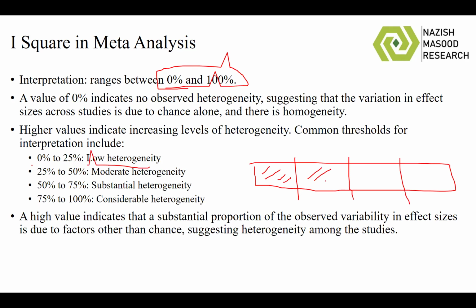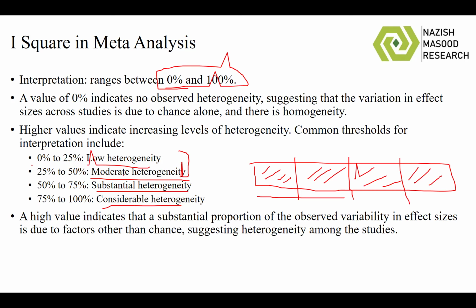In case it is 50%, we call it moderate heterogeneity. Up till here, we can easily do a meta-analysis. But in case we have more than 50% heterogeneity, then there is substantial heterogeneity. And in case it is above 75%, then it is considerable heterogeneity.